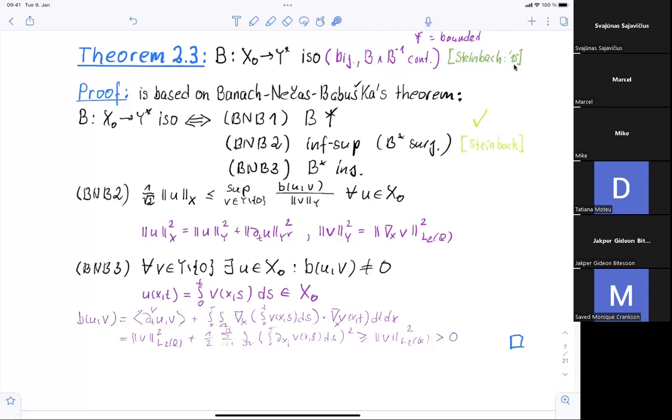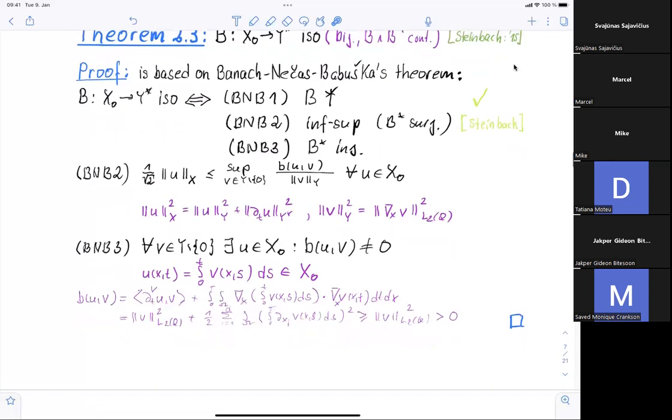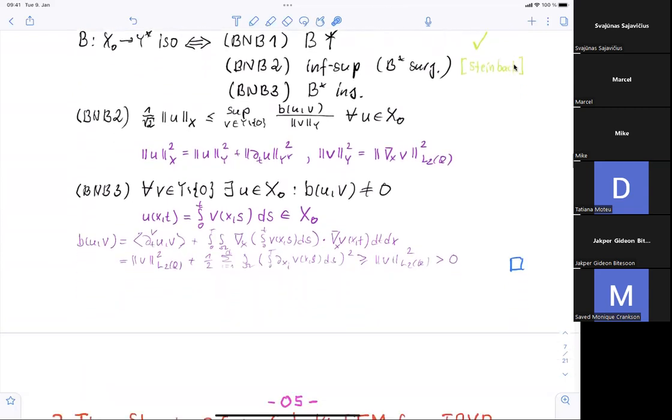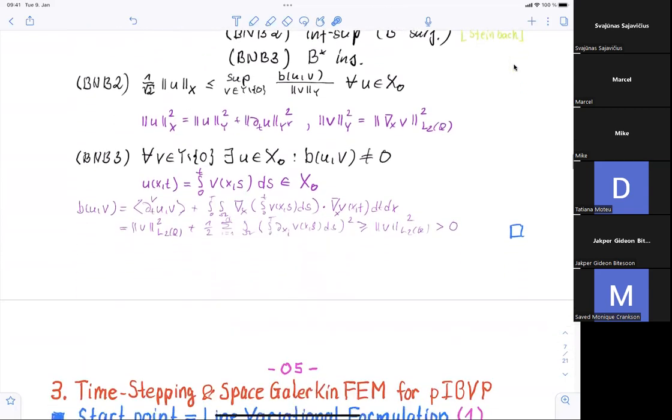So I did not write down the a priori estimates. The norm of B is bounded by this square root of 2, and the norm of B inverse is bounded by also square root of 2, times 1 over the inf-sup condition constant. Okay.